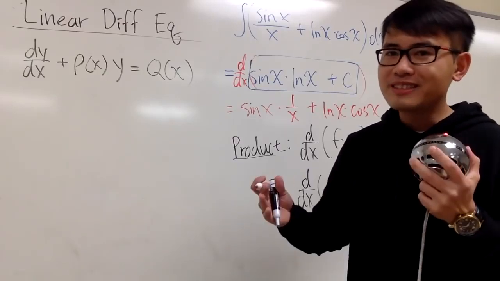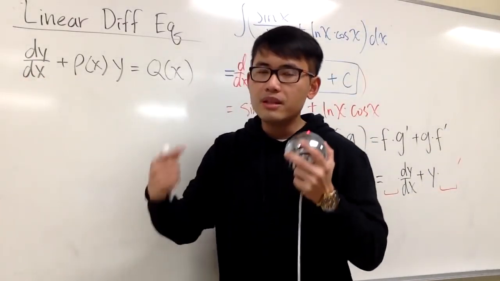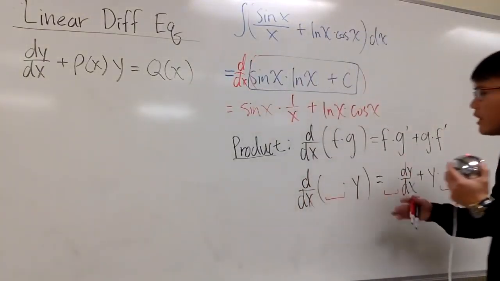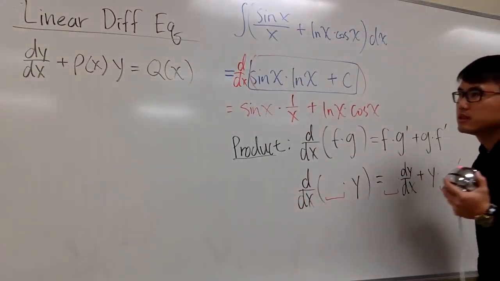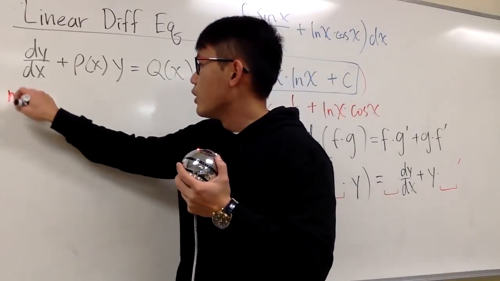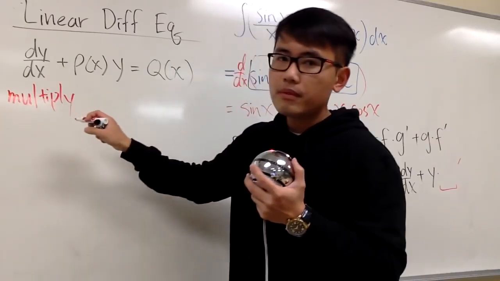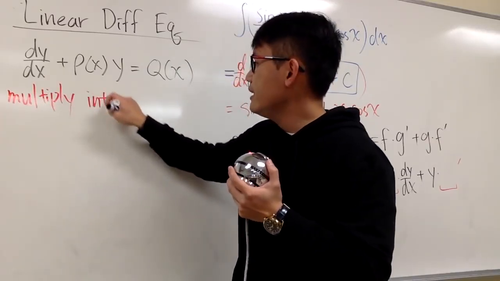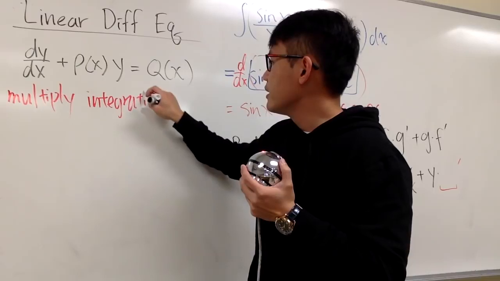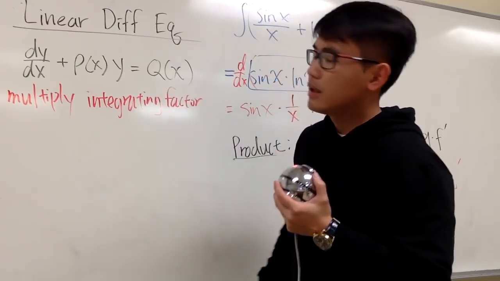We're going to use something that we can force the left-hand side here to be the derivative that came from the product of two functions. And what we're going to do right here is use what we call the integrating factor. Okay?